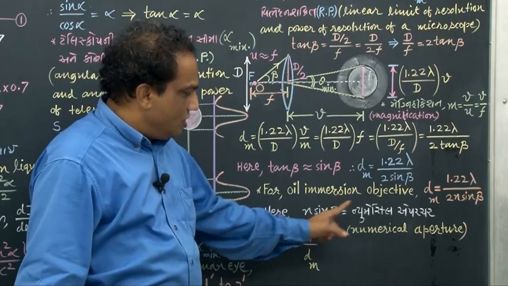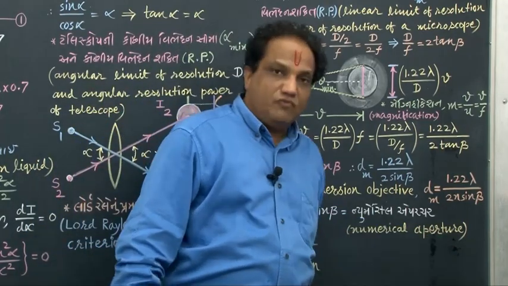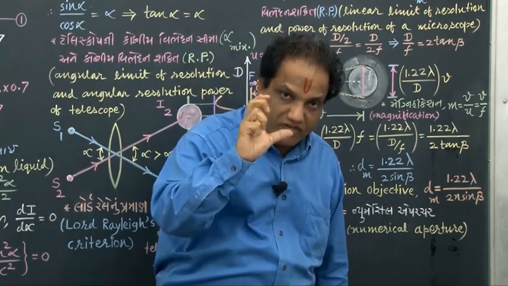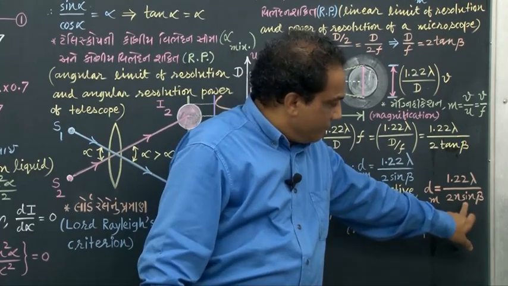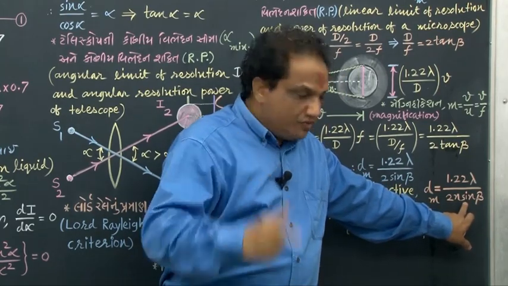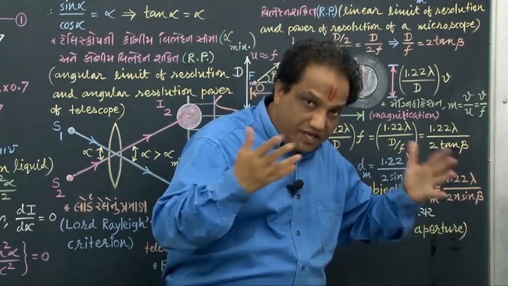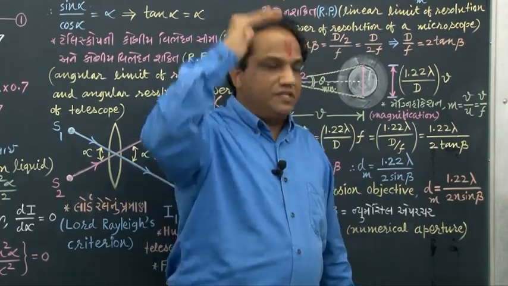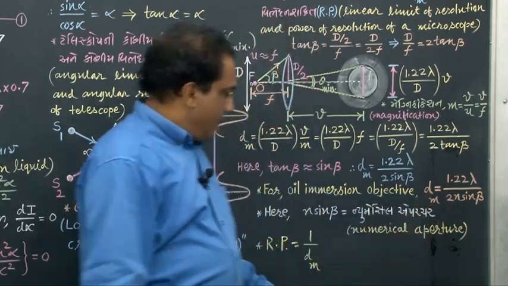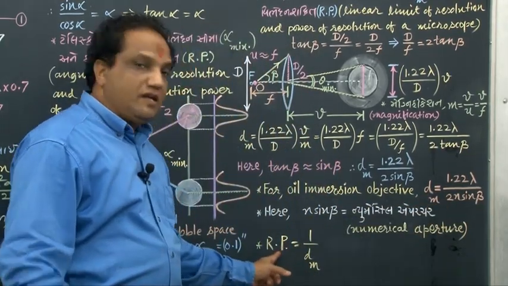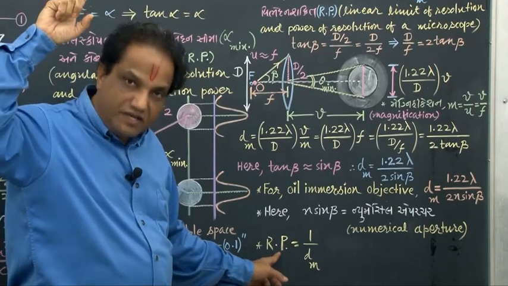Such a part is called numerical aperture of a given microscope. And for a given oil immersion objective, when you increase the value of n, n into sin beta will increase, numerical aperture is increased, dm is decreased, and once dm is decreased, then linear resolution power can be increased.